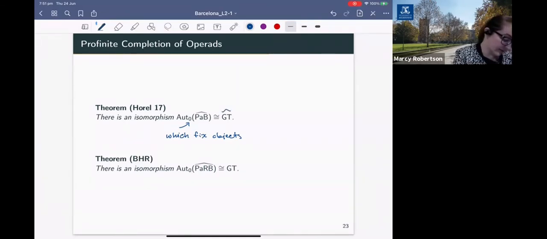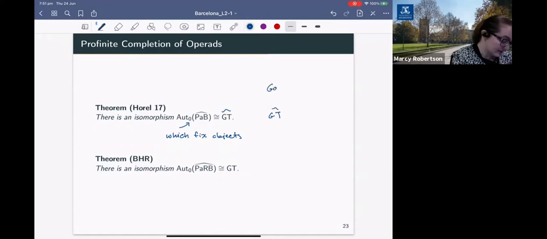The parenthesized braids are not very interesting somehow, but when you complete them, you get this big interesting group, the profinite GT. We'll be talking about this much more tomorrow.